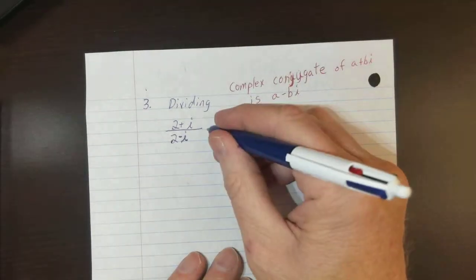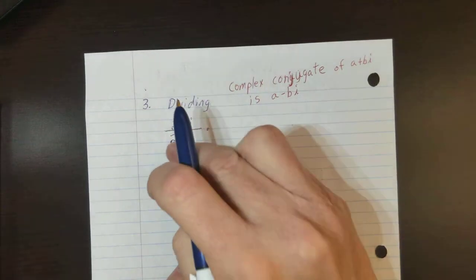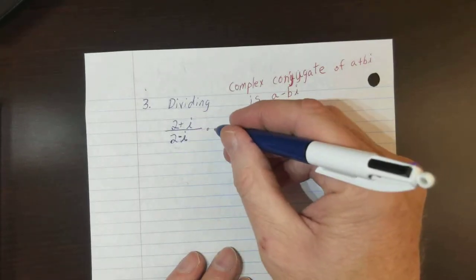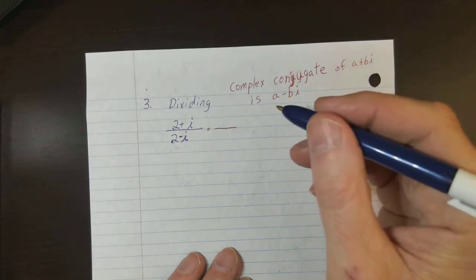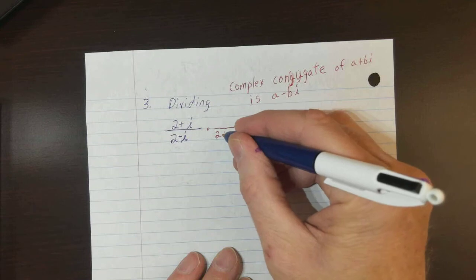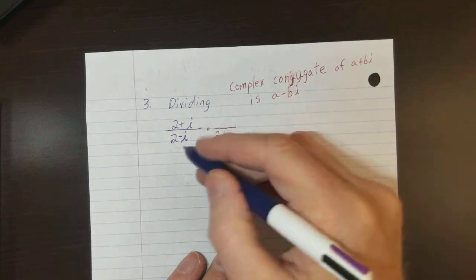So what I'm going to do is, I don't want a complex number in the denominator. So it's 2 plus i divided by 2 minus i. We're going to multiply top and bottom by the conjugate of 2 minus i, which is 2 plus i.